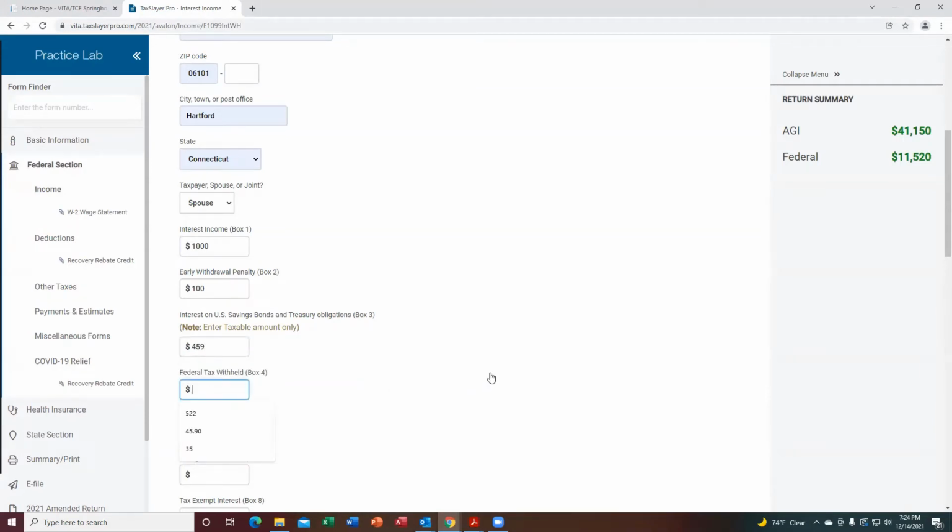Federal income tax withheld. Now it's up to you when you're dealing with cents, if you want to enter the cents or round to the nearest dollar. The system will automatically round to the nearest dollar once you save the form. So again, it just depends how you want to enter it.